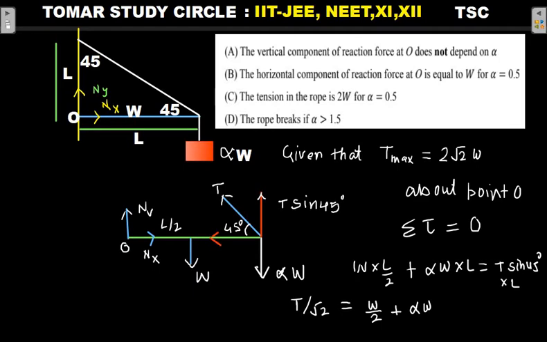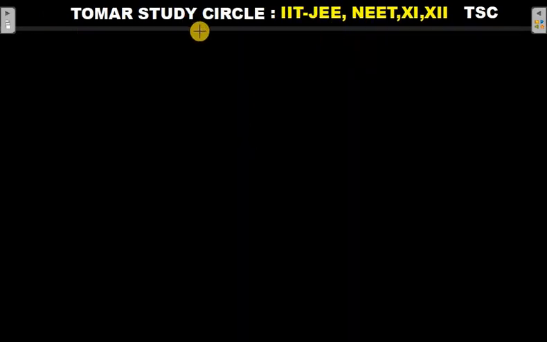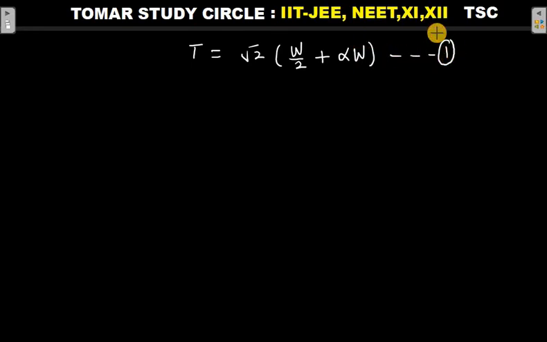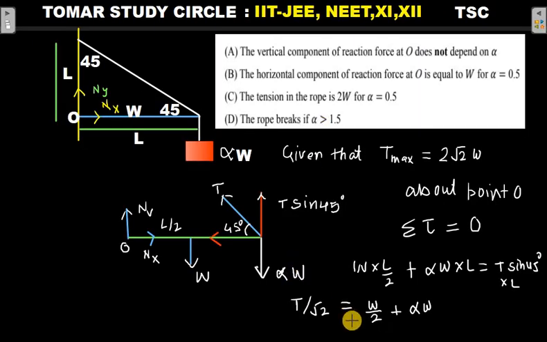Or we can write T equal to root 2 times W by 2 plus alpha W. This is equation first.